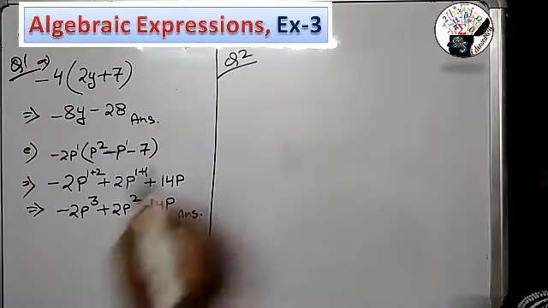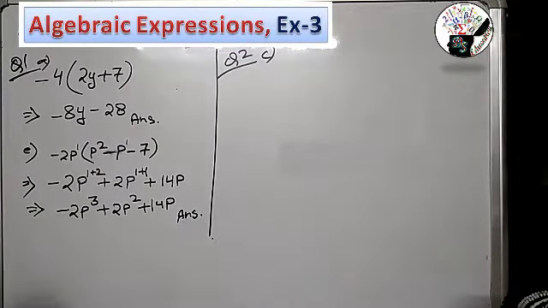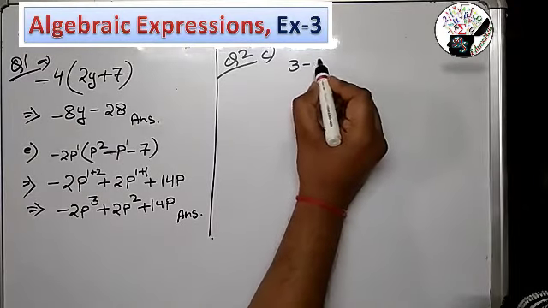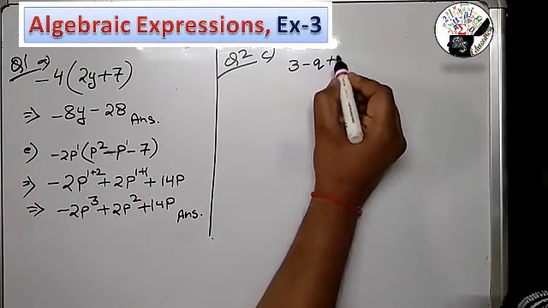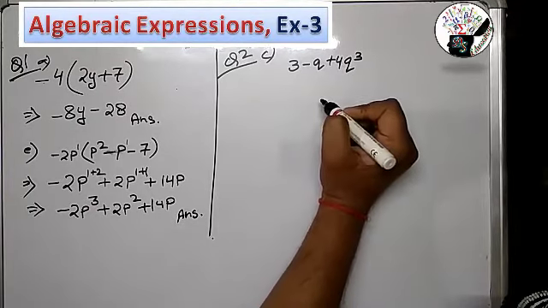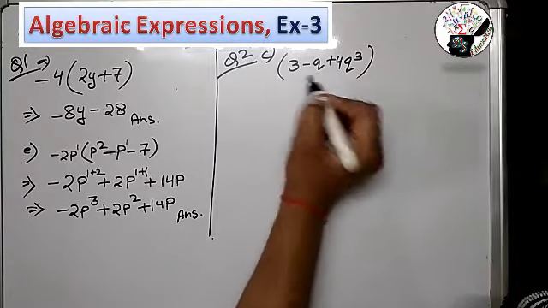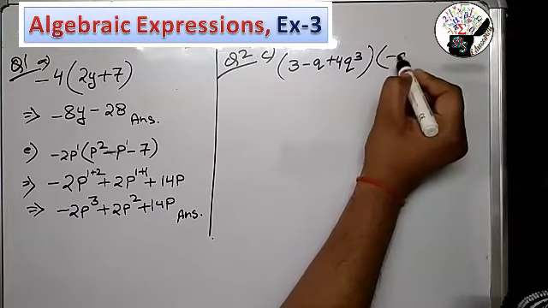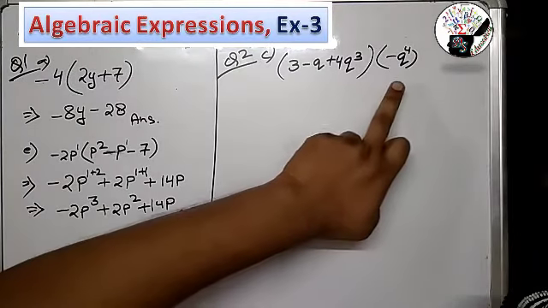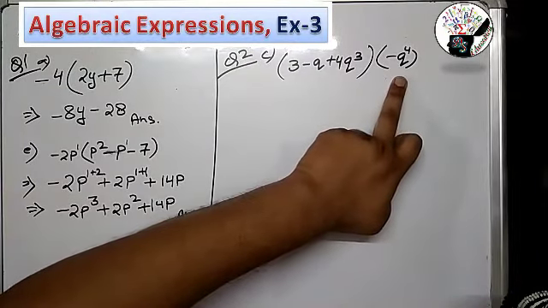Moving to the next question, I am taking one more question with you all. Now here the question is 3 minus q plus 4q cube, that is to the power 3, into minus q to the power 4. They have given one monomial at the right hand side.